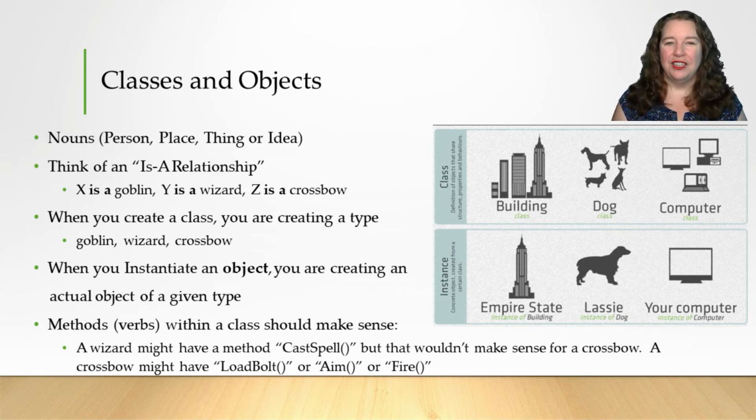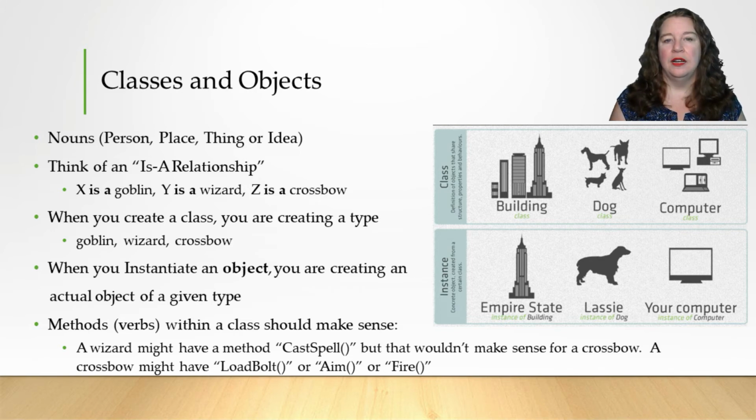I can have Gandalf as a wizard, and that's the instantiated object of the type of wizard. So when I say Gandalf is a wizard, I am saying that the instantiated object, Gandalf, is of type wizard.